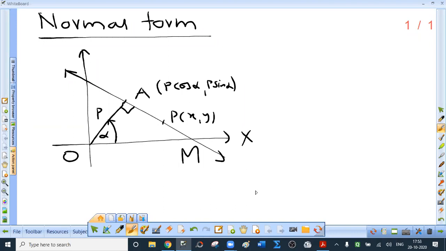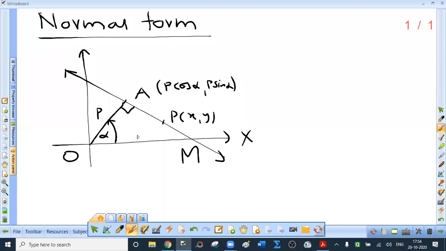To get the equation of line, we must know slope of the line also. Here we know that required line is perpendicular to OA. What is the slope of OA? Can you tell me what is slope of OA? Slope is y2 minus y1 upon x2 minus x1.